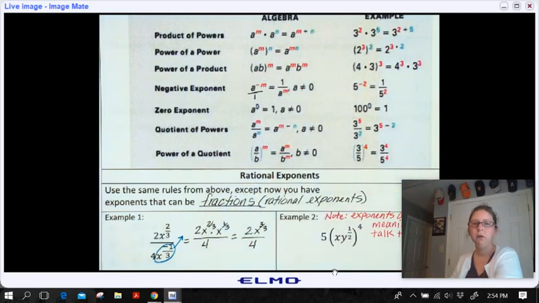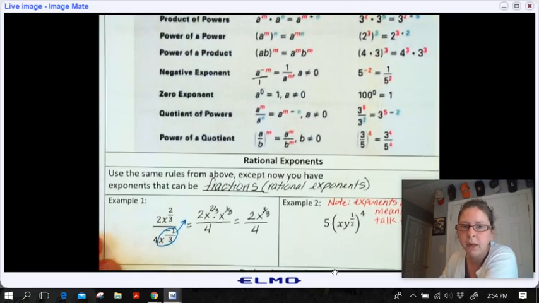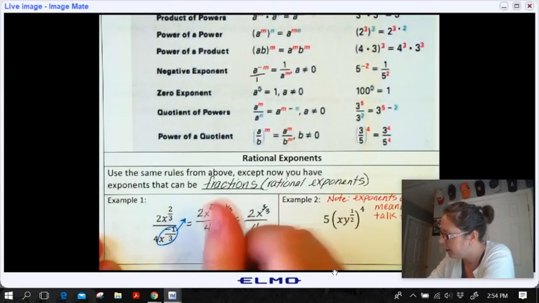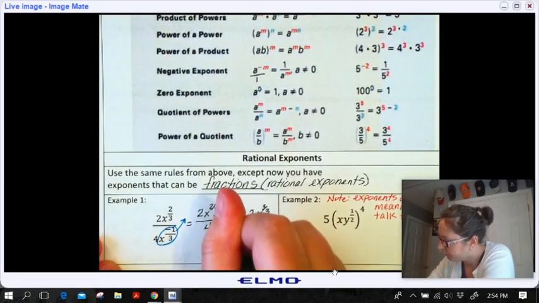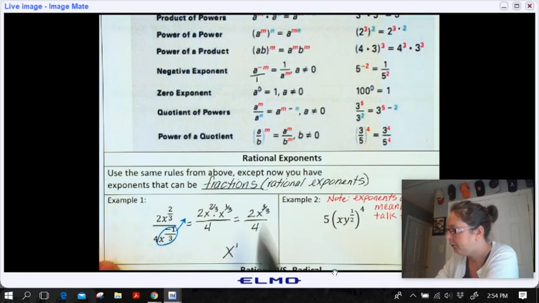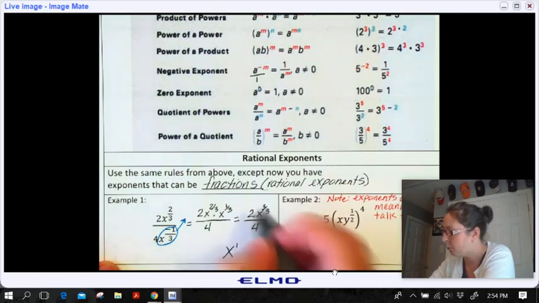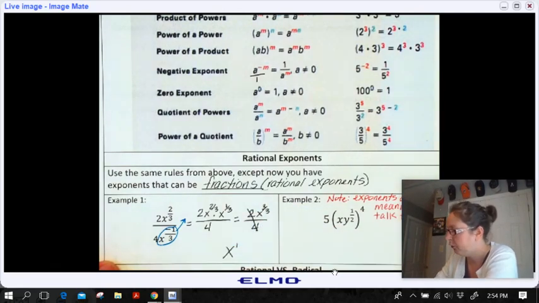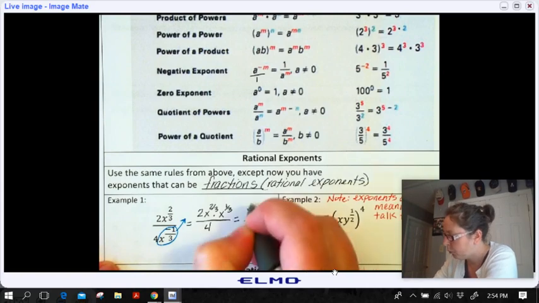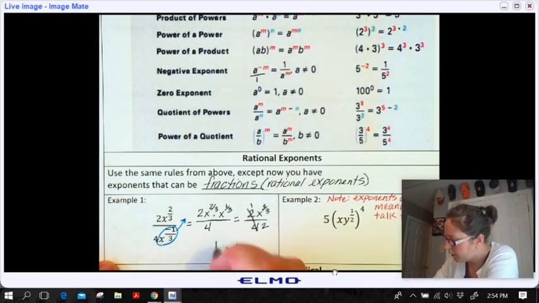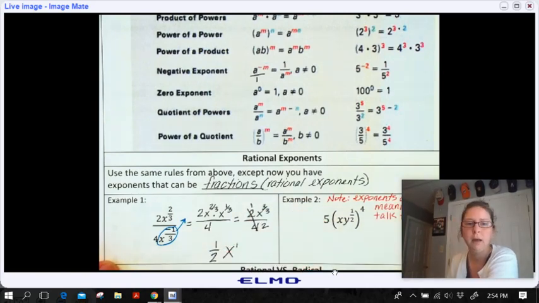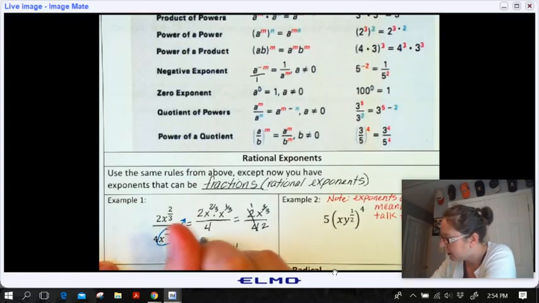All right, so we all know that 3/3 is just 1, so x to the first power here. And then I need for us to simplify the 2 over 4. 2 over 4 is the same as 1/2. So 2 and 1, so 1/2 times x. And this is our answer.